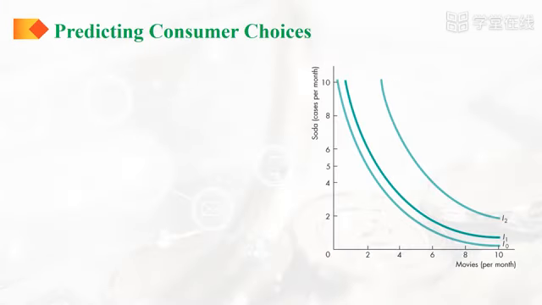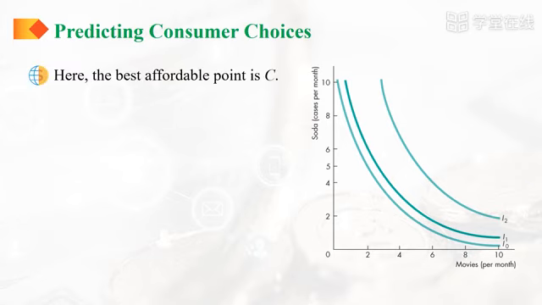Back to the example of Lisa's consumption of movies and soda. As shown in the graph, the best affordable point is C for Lisa, which meets all three criteria as we discussed. All points F, C, and H are on the same budget line, which are all affordable.